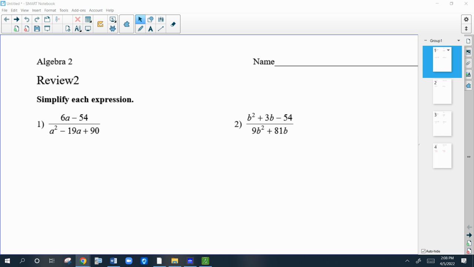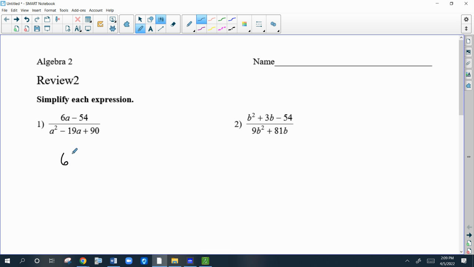So first, as you know, just factor. When you factor the top, you can factor out a 6. You're left with a minus 6 times what is 54, and that's 9.